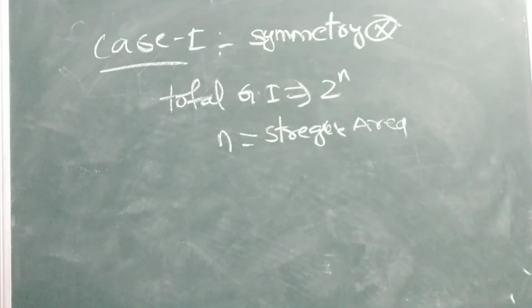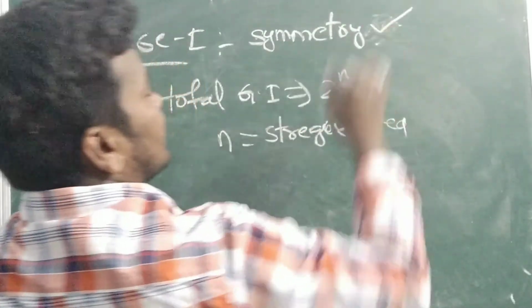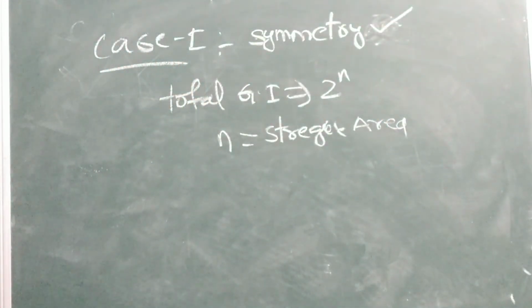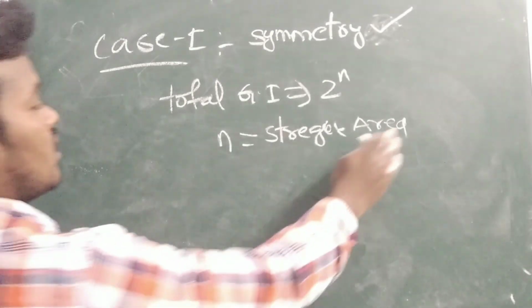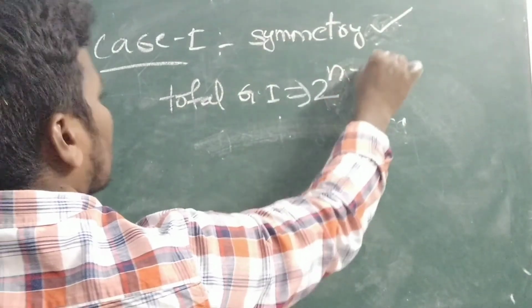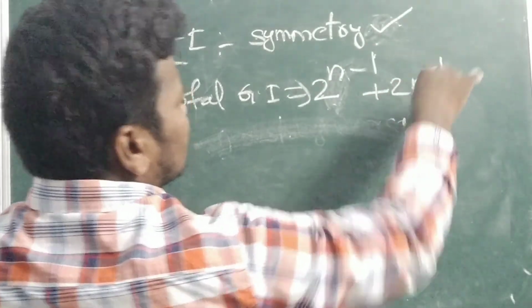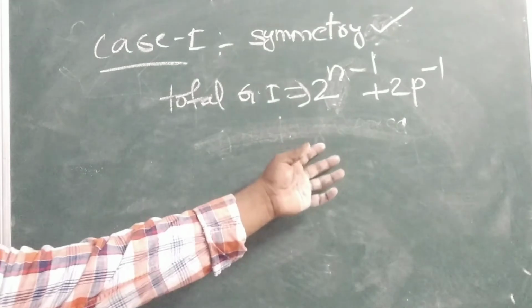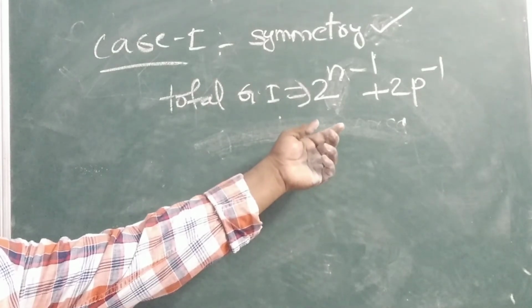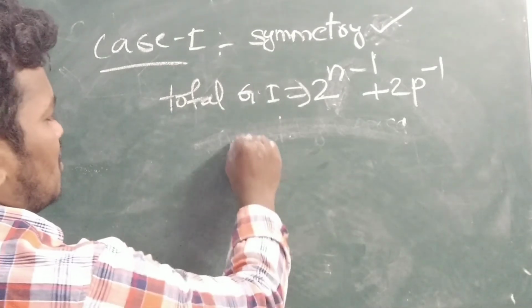For example, if symmetry is present, then which formula do we have to use? Here we use the formula 2 power n minus 1, plus 2 power p minus 1. Here n is the number of stereogenic centers. How can you calculate p?